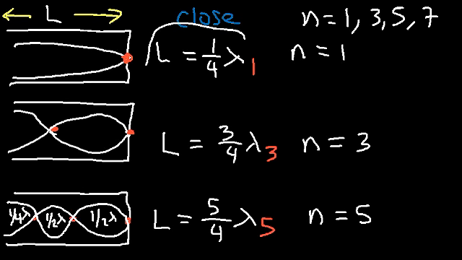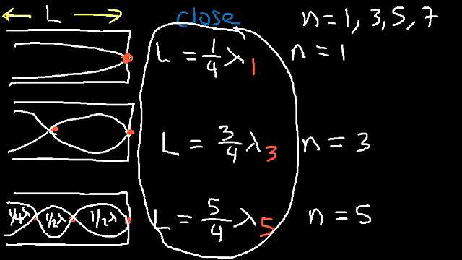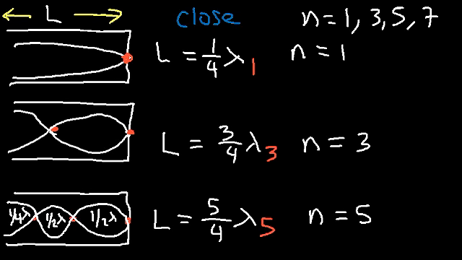Now, given these 3 equations that we have here, how can we write a general equation that describes L in terms of the wavelength? Notice that L doesn't change, the lambda symbol doesn't change, and the 4 on the bottom doesn't change. The only numbers that are changing are the numerator and the subscript, so we can replace that with n.